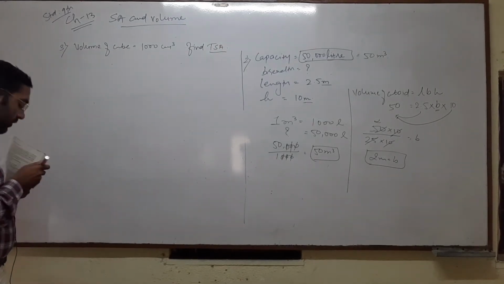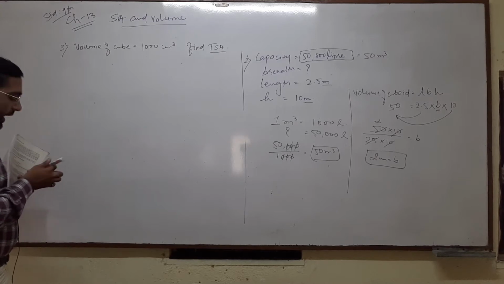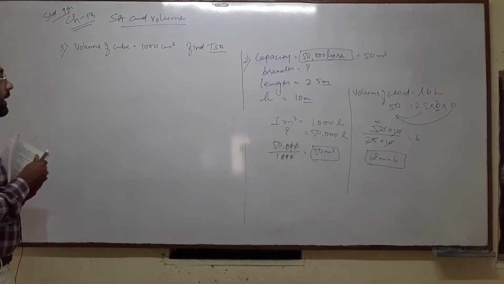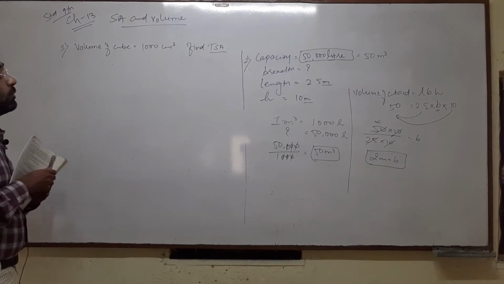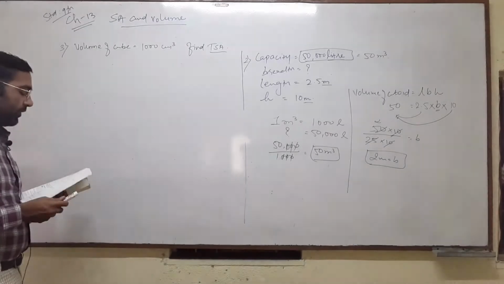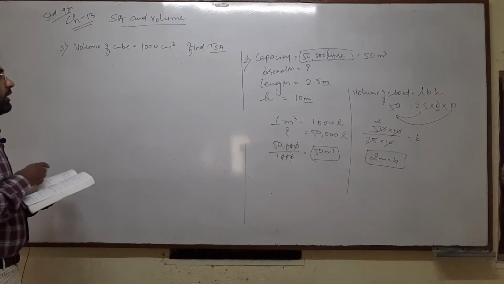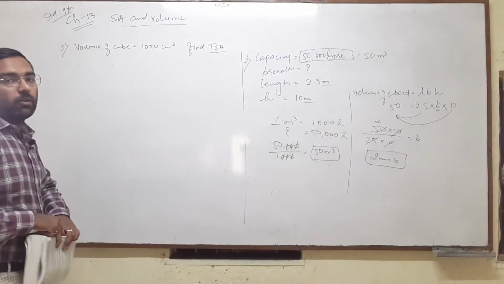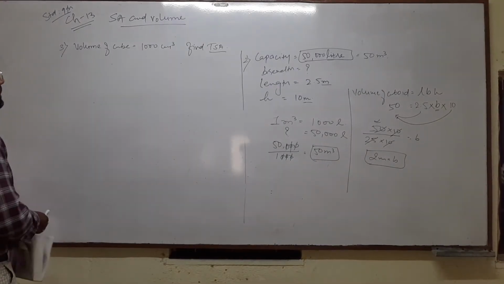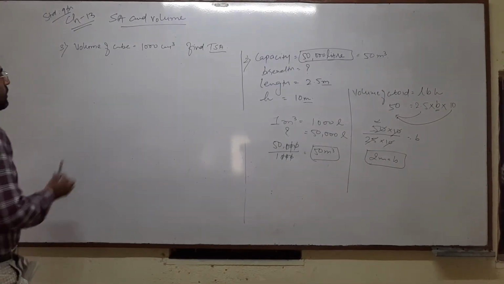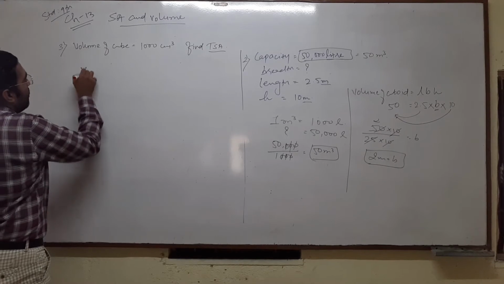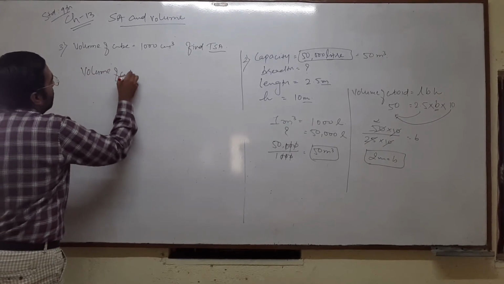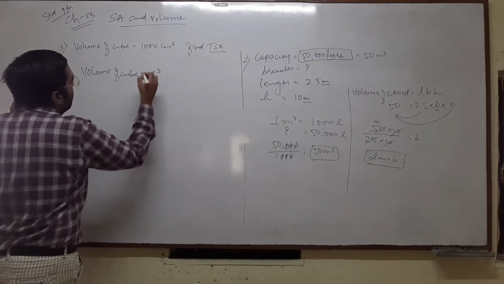For cube. So first I have to convert volume of cube into the edge of cube. After finding the edge, I'll get the total surface area. So volume of cube, my formula is L cube.